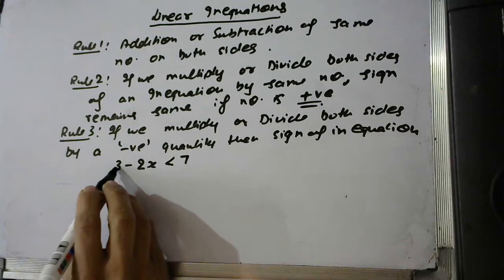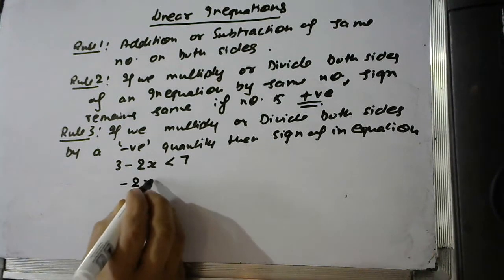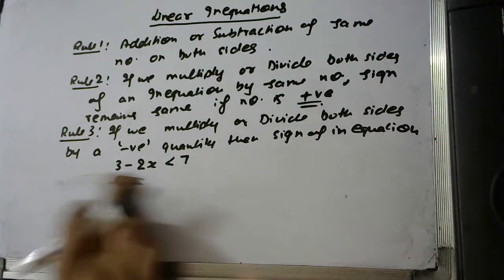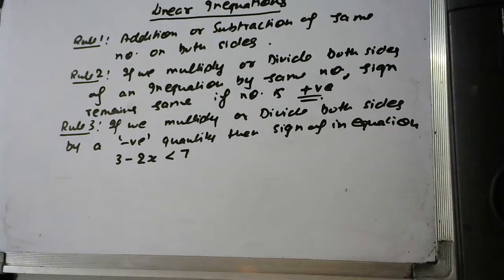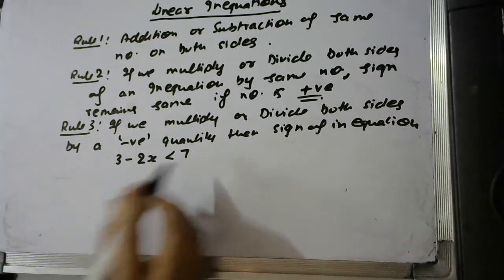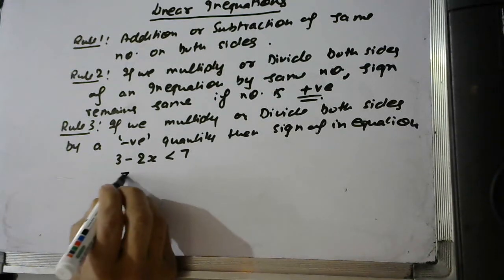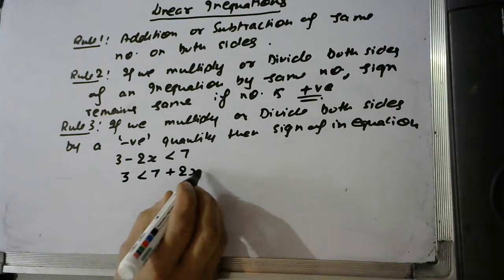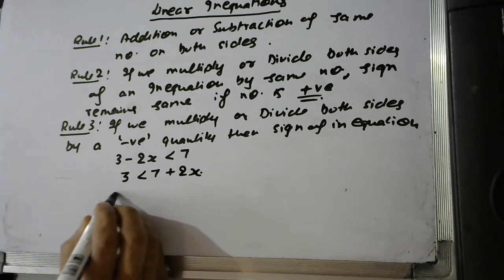Now, instead of transposing 3 from left to right, I can transpose 2x. Now I will take 7 from right to left.